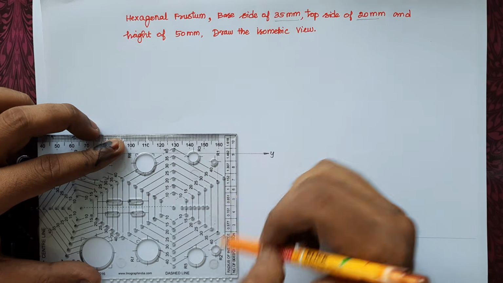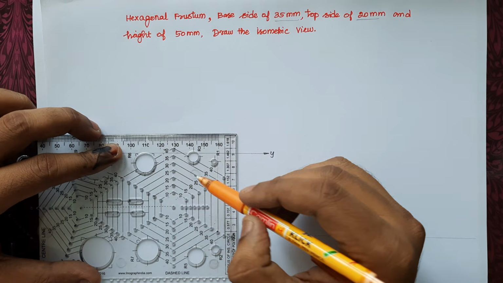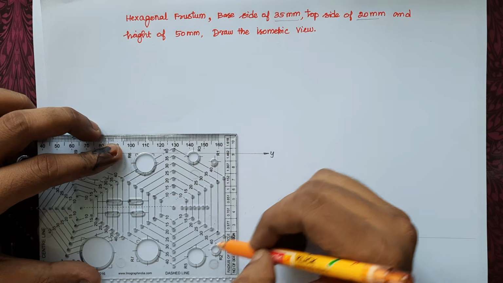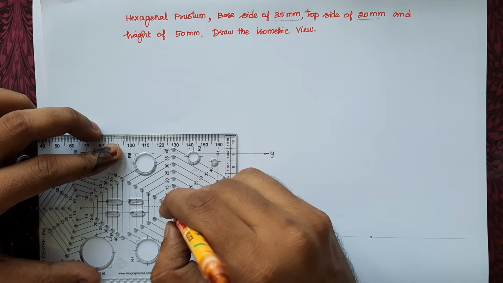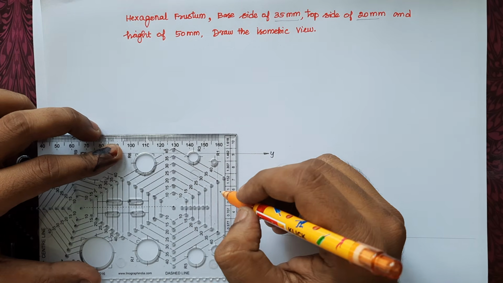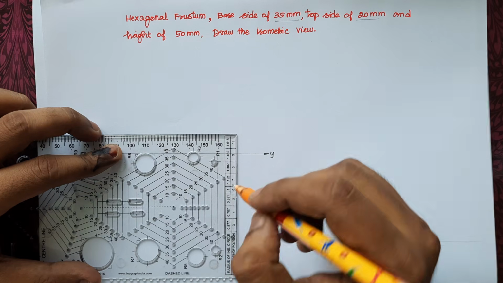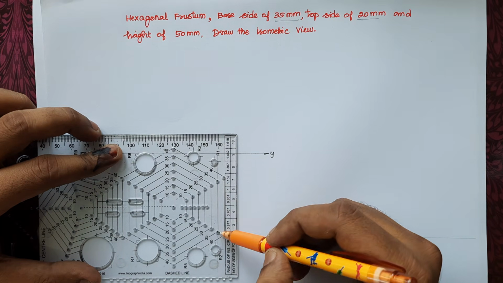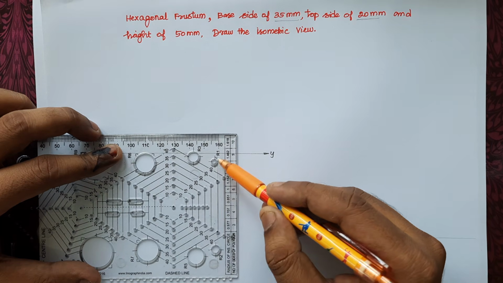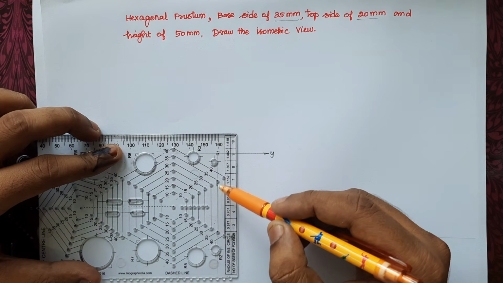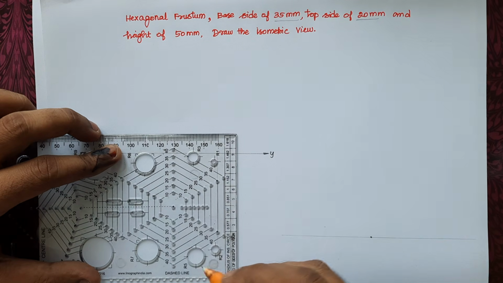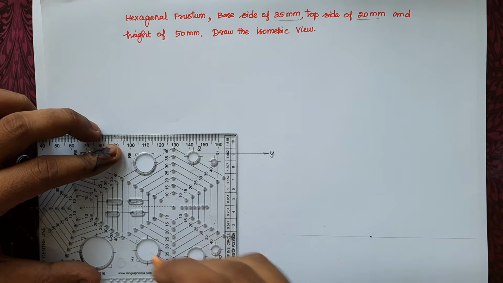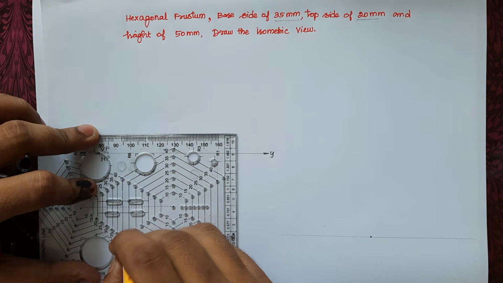Actually each hexagon has 6 points. First we are going to draw the 35 mm hexagon. Okay, so mark the center. While drawing the hexagon, we need to ensure that 2 points of the hexagon are on the perpendicular line which we have drawn already. After that we can complete the remaining 4 points of the 35 mm hexagon.